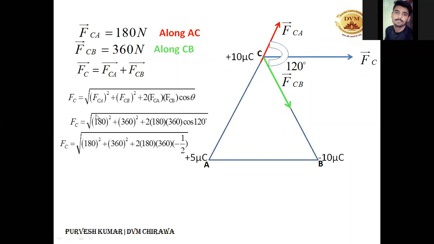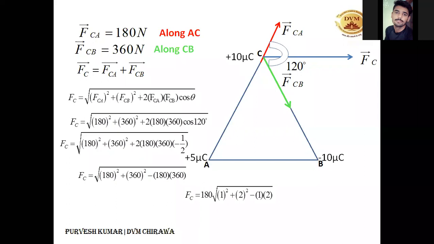Now putting up the value of cos 120, I'll be getting this thing: 180 square plus 360 square plus 2 into 180 into 360 into minus half. This 2 will get cancelled out by this half, and you are left with 180 square plus 360 square minus 180 into 360. Again, solving it up, I can take 180 square common. So taking 180 square common, the root of 180 square will come out to be 180.